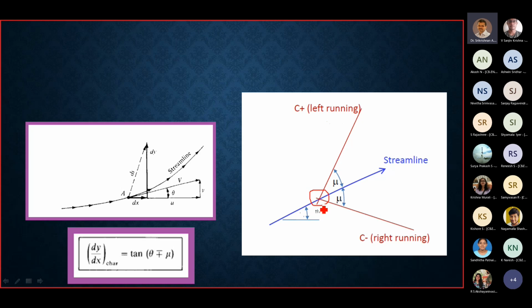There's nothing which says it should be left or right, but that's how the two characteristics are identified. C plus, and that's also a convention, indicates left running characteristics, and C minus indicates right running characteristics. They correspond to tan theta plus or minus mu from the corresponding solutions. So this is how the streamline and the two characteristics at the point of consideration constitute the three lines of interest in the analysis.